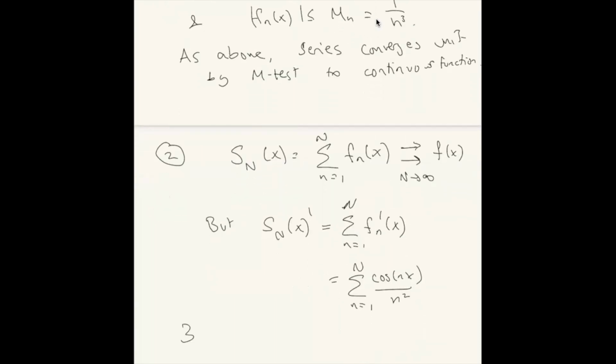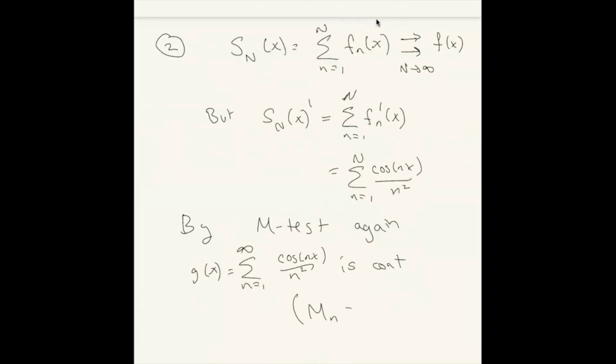Now, by the M-test again, the series from n equals 1 to infinity of cosine nx over n squared, let's define this as g of x, is continuous. I'll skip a few steps, Mn would in this case be 1 over n squared. So you get that this series converges to a continuous function, and Sn prime of x, so the derivatives, converge uniformly to g.